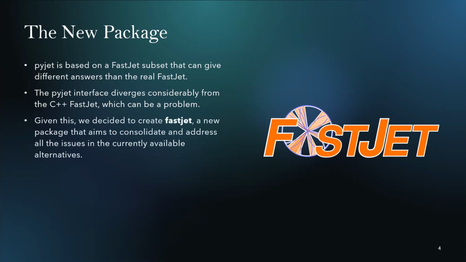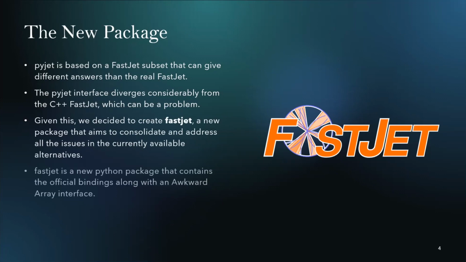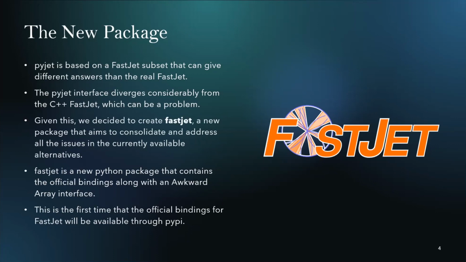It's a new package that aims to consolidate and address all the issues. When I say a new package, what I really mean is that the official bindings have been packaged into a PyPI library, along with a new awkward array interface. This also marks the first time that the official bindings for fastjet will be available through PyPI.